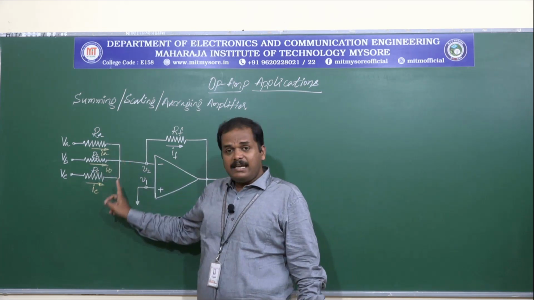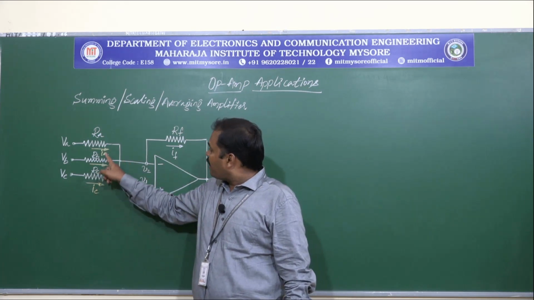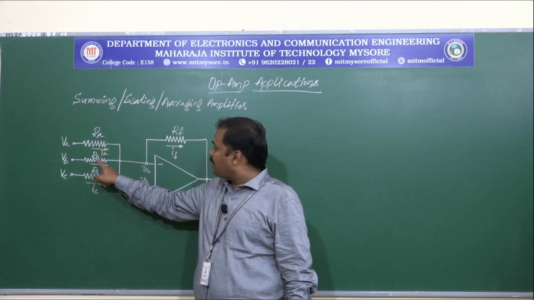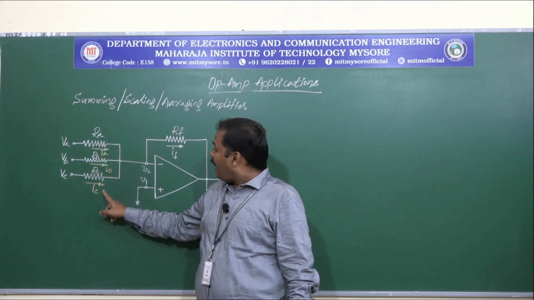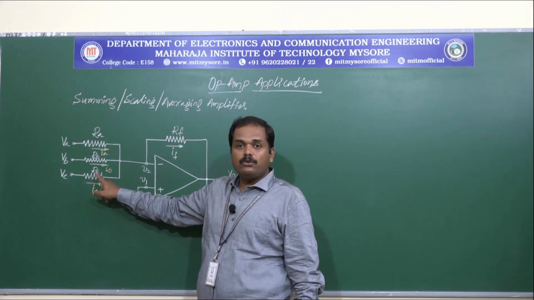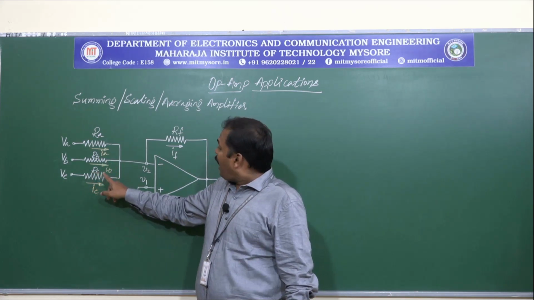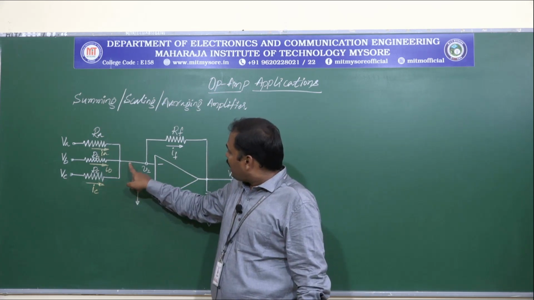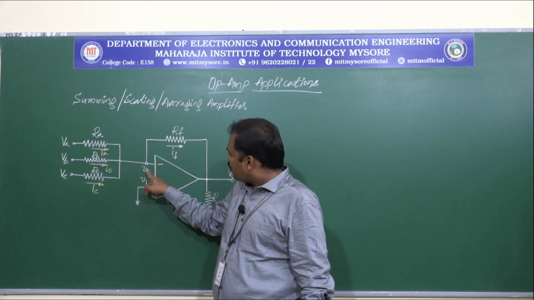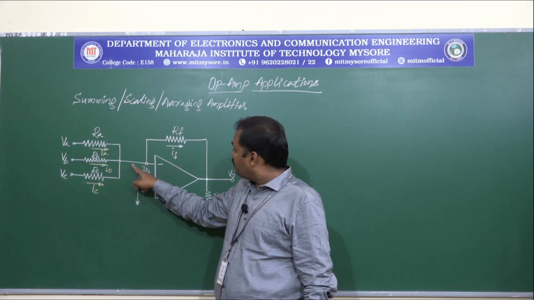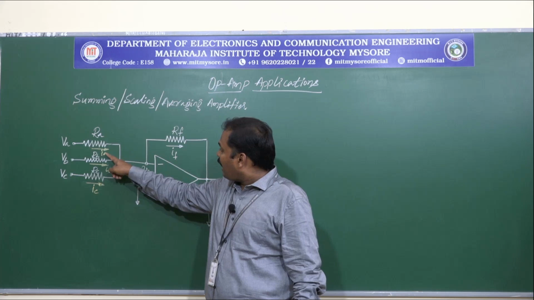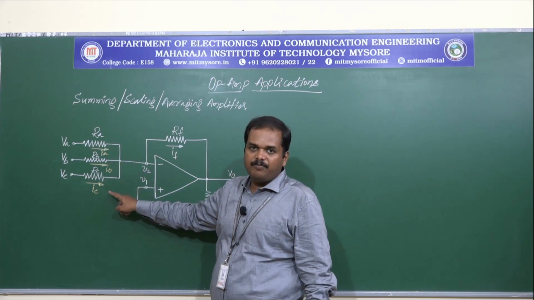And as we can see here in the circuit, we have current IA that is flowing through RA, IB is the current that is flowing through RB and IC is the current that is flowing through RC. And by Kirchhoff's current law, we can say the current that is coming into the terminal V2 through this input terminal is the algebraic sum of IA, IB and IC.